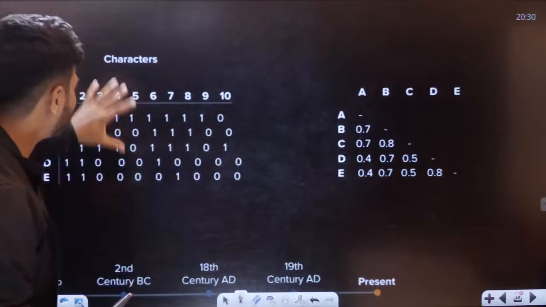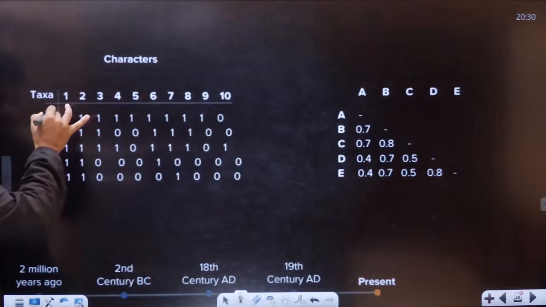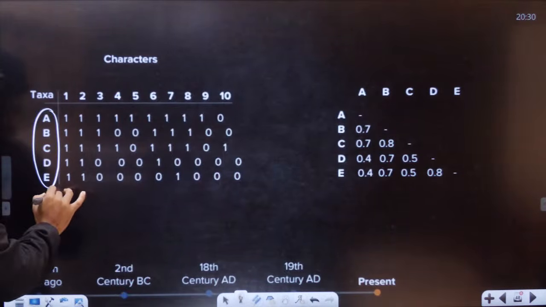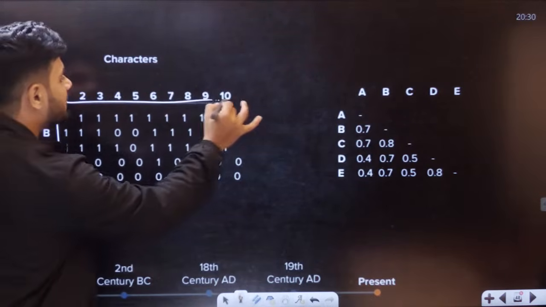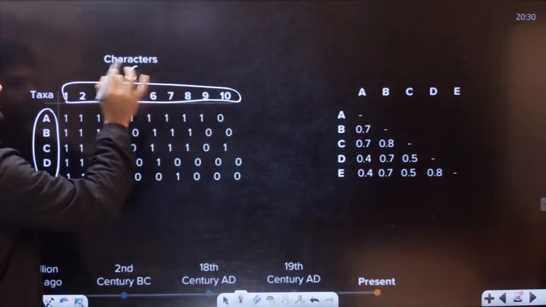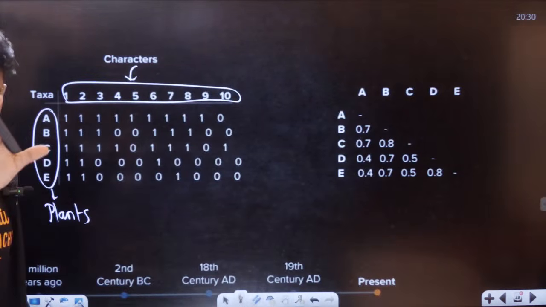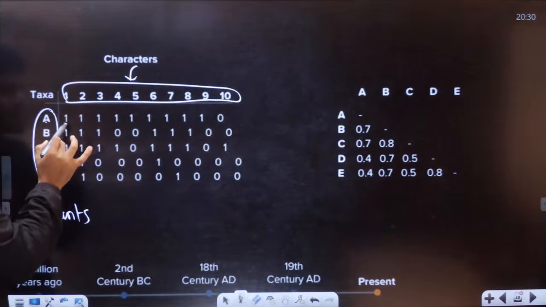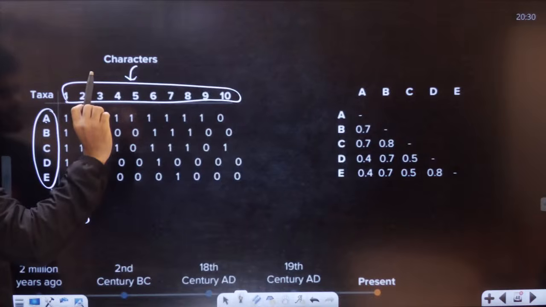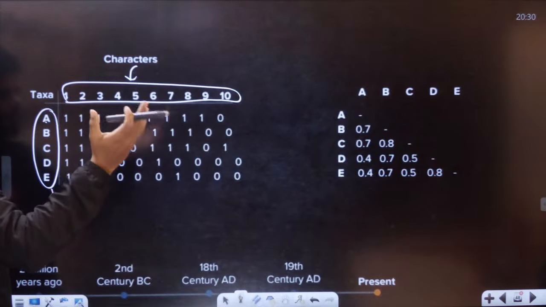Now in numerical taxonomy, we take different types of plants. We take 10 different characters. Now let's say this plant has this character. We use 1. So 1 means present, 0 means absent, students, binary, right?